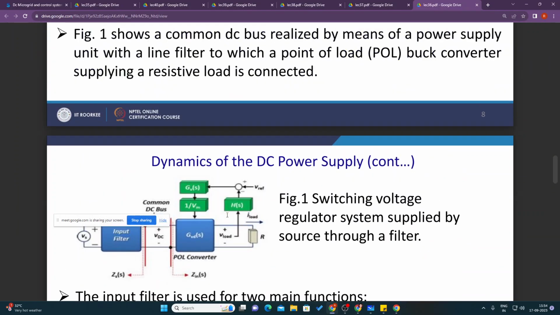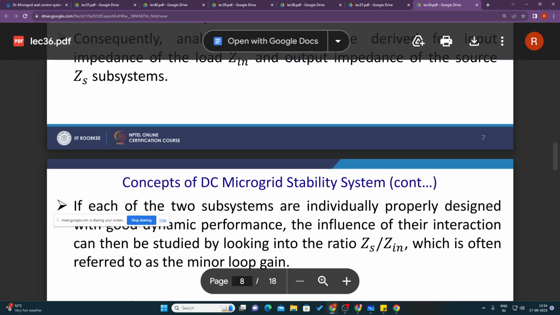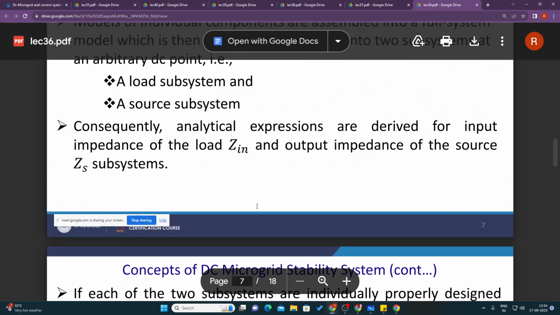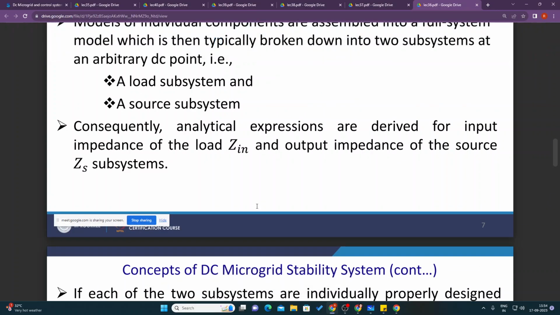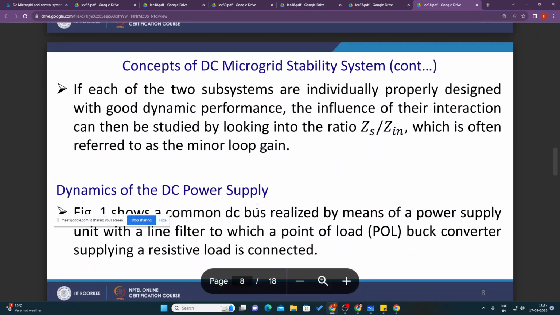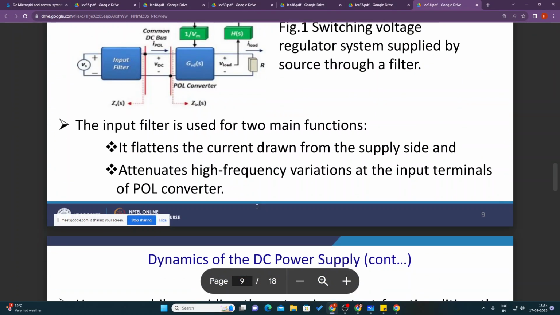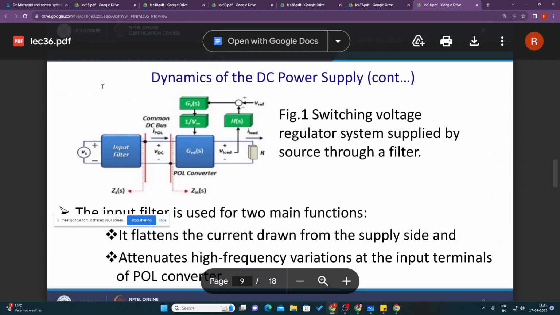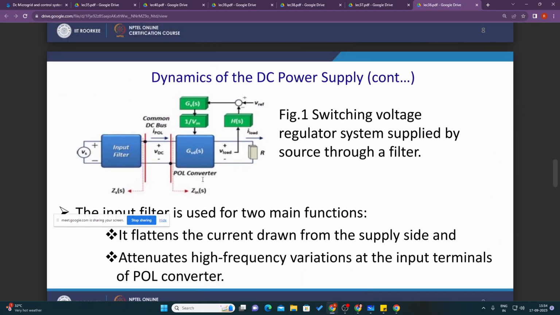So this portion involves designing of the input filter, this lecture. So in this lecture what is done is we are given the converter.